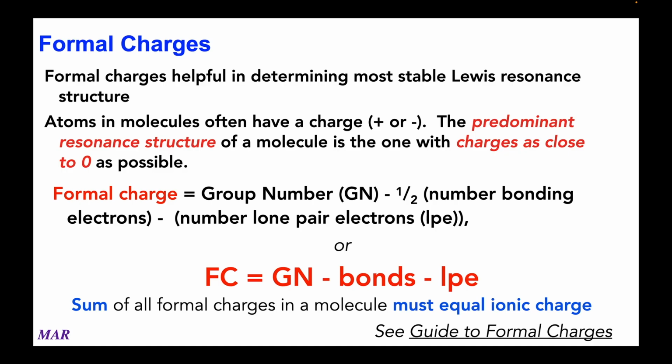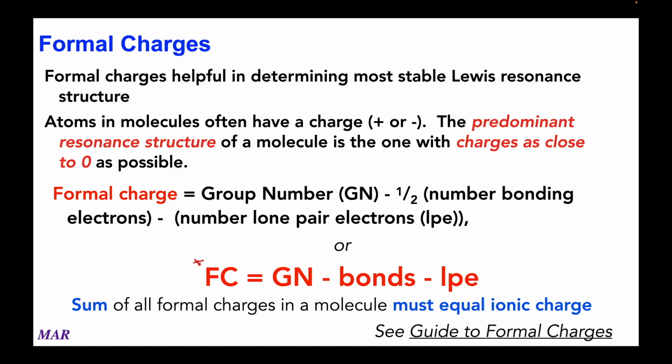So how do you calculate formal charge? Great question. Formal charge, there's different ways to do it, but what I like most of the time is I use the fact that the formal charge on each atom is going to equal the group number of the atom minus the number of bonds minus the number of lone pair electrons. And so you'll calculate this formal charge on each atom in the Lewis structure, and you want to have the most zeros possible.